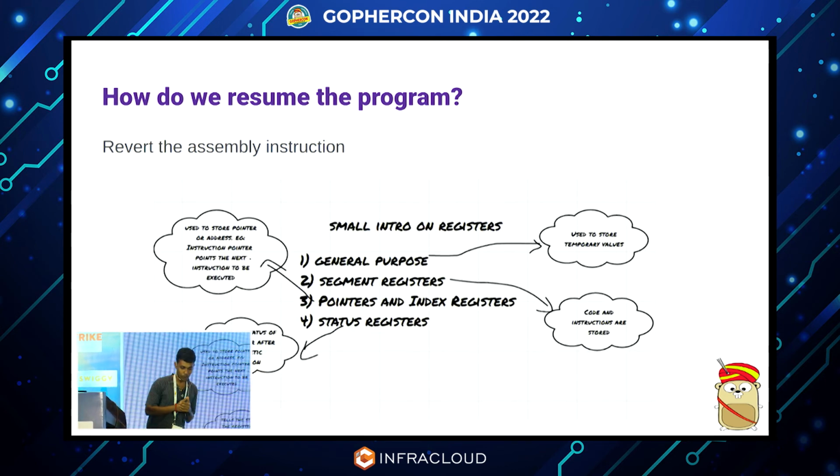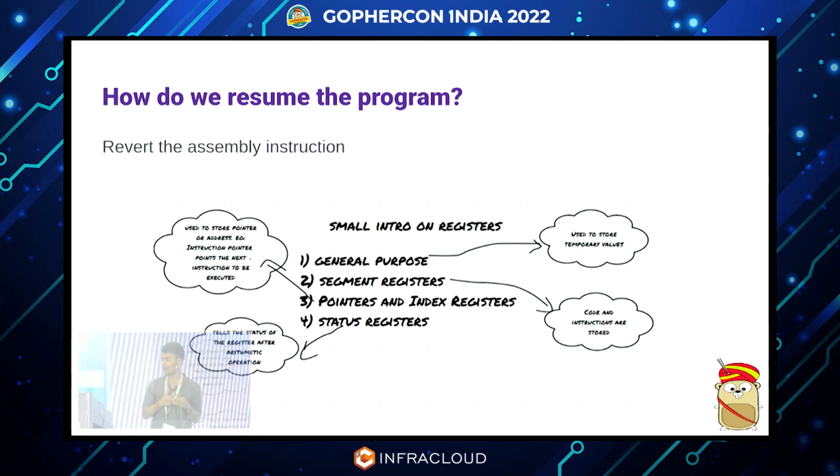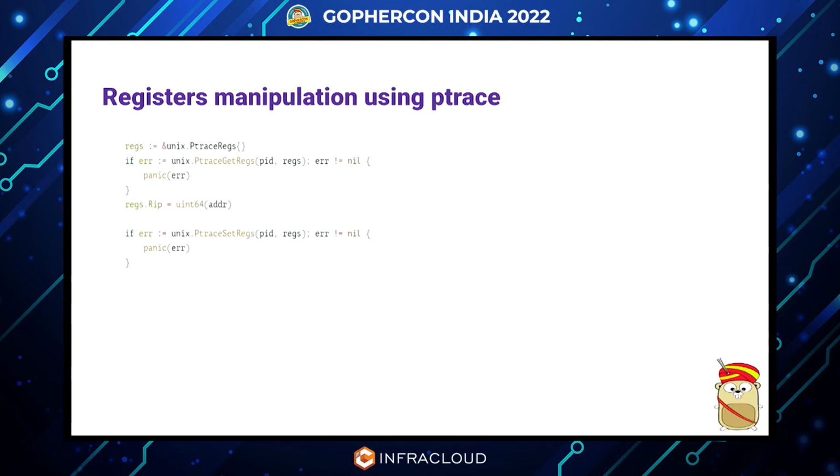Back in university or college, we might have studied the program counter, and we had something called a microprocessor, where they taught all these registers. What the program counter does is tell what the next instruction we want to execute is. So we want to manipulate the register right now. We have to change the program counter to the address of line number 12, so that line number 12 gets executed again.